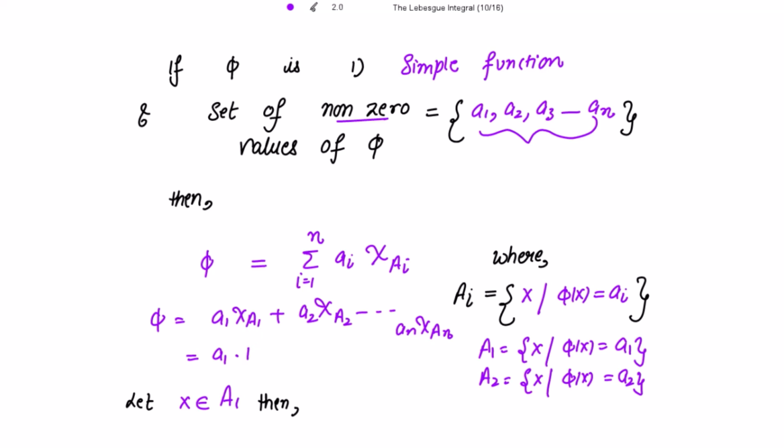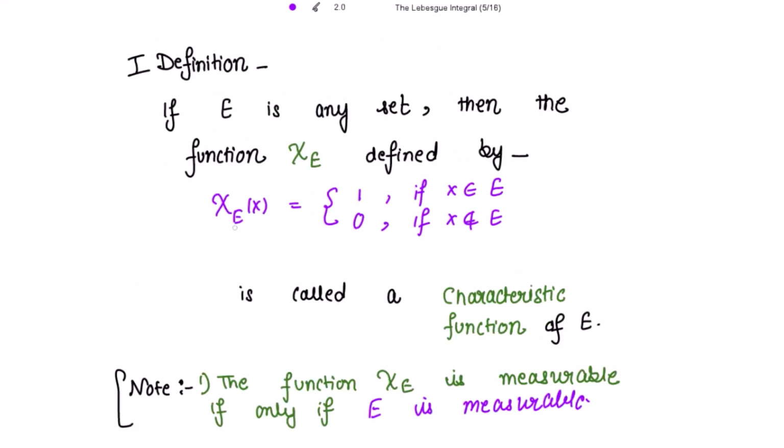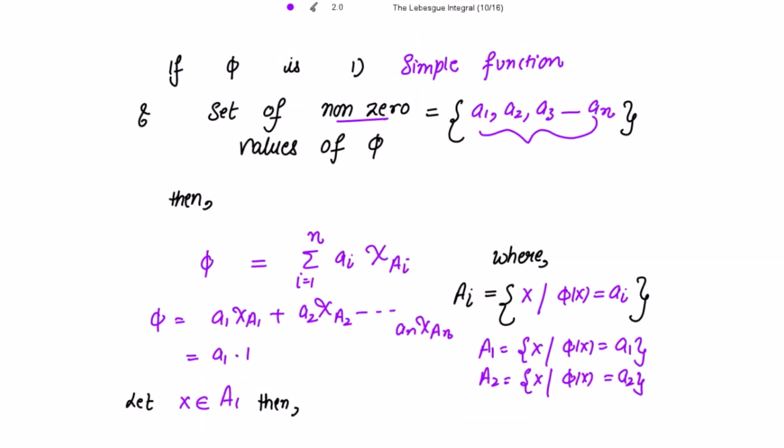We have read in the very start of this video the definition of the characteristic function: chi E x gives the value 1 if x belongs to E, and the value 0 if x does not belong to E. Here, because x belongs to A1, chi A1 gives the value 1, plus, since x does not belong to A2, chi A2 gives the value 0, and so on, all the remaining terms are 0.